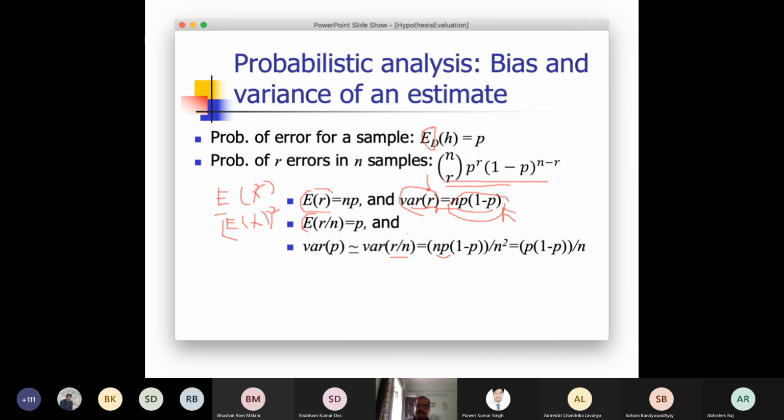So in this case, this is scaled by 1 by n, so it would be scaled by 1 by n square. Is it clear? Yes, sir. Okay, so this is how you get the variance of the estimate.